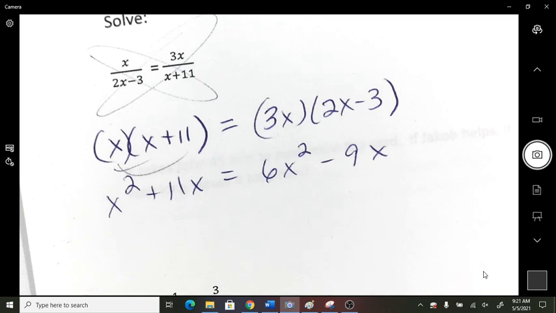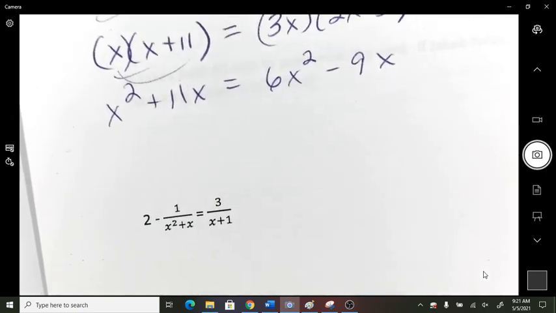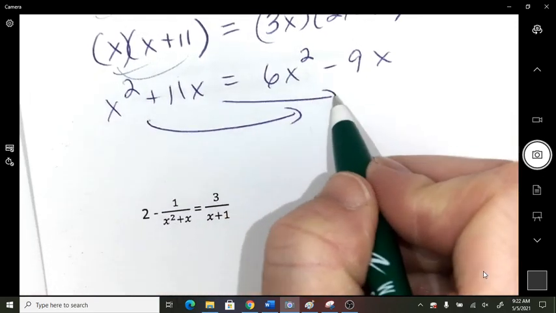Okay, distribute that all out. What do you always have to do when you see x squareds and x's? The moment you see x squareds and x's, you've got to put 0 on one side. You've got to move them all, put 0 on one side. So I'm going to go this way.